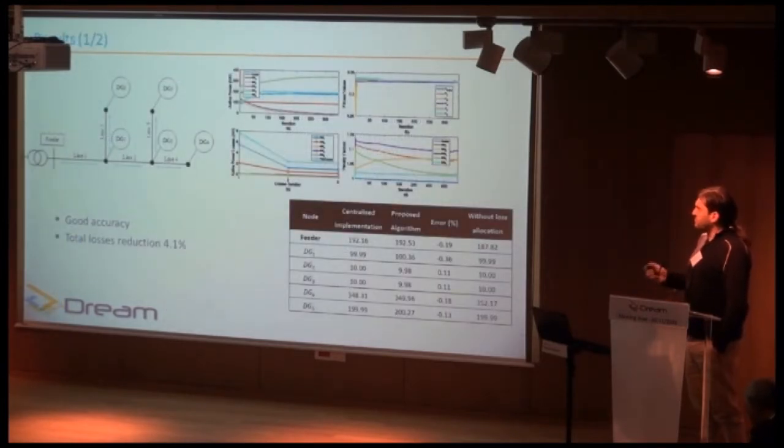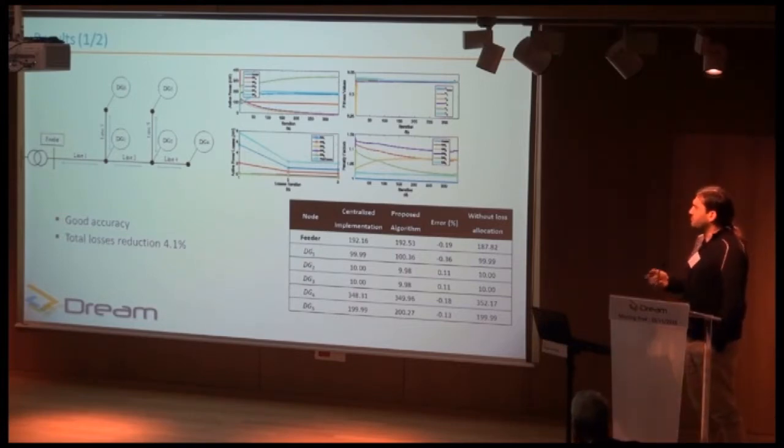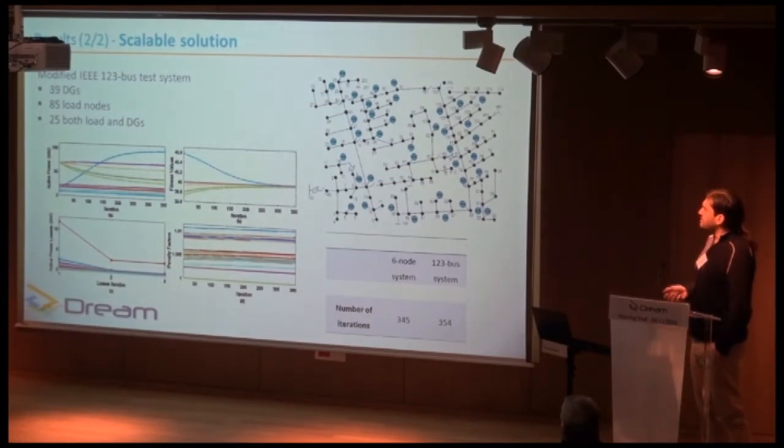I'll just give you very brief results and stand on only one major conclusion, from applications of this kind of distributed algorithms in networks with very different size and complexity. The first one is a simplified distribution grid with 5 nodes, and the second one is a much larger IEEE test system with 123 nodes.